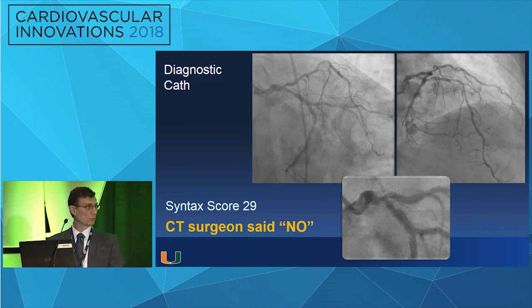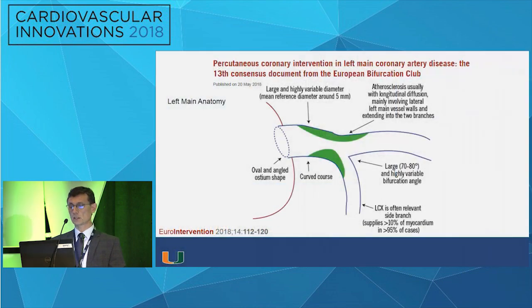So we were faced with doing this case, and we need to understand that left main is a bit of a different animal. It's a large vessel, has a curved course, and has an oval and angled ostial shape. Usually the lesions are not restricted to the left main but extend to the proximal branching vessels.